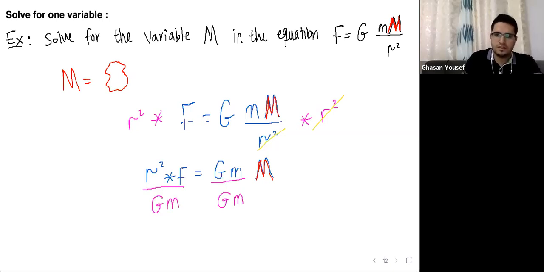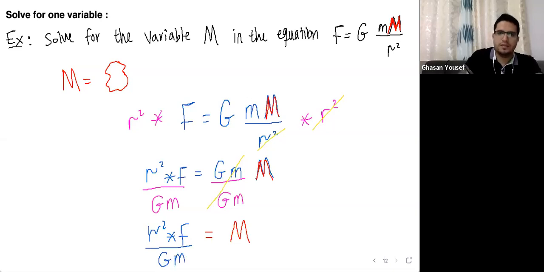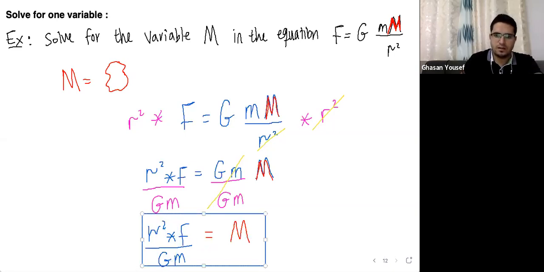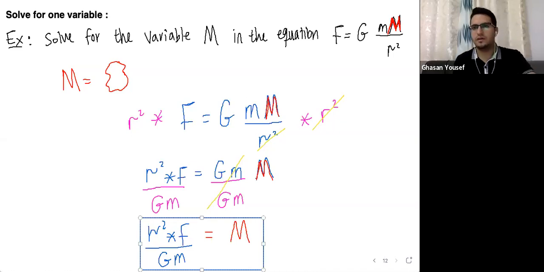Then when I do this, this cancels. Now I get capital M equal to r squared times F over G m. And this is my answer. So now I get M equal to r squared times F over G times m.